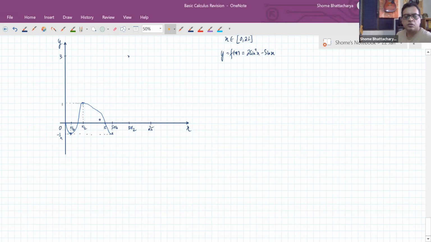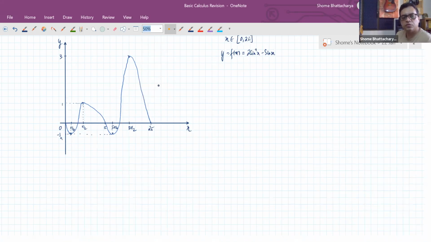Then it increases to this value here, and then dips to this. So it has some kind of a nature like this. Roughly speaking, the graph would be something like this.